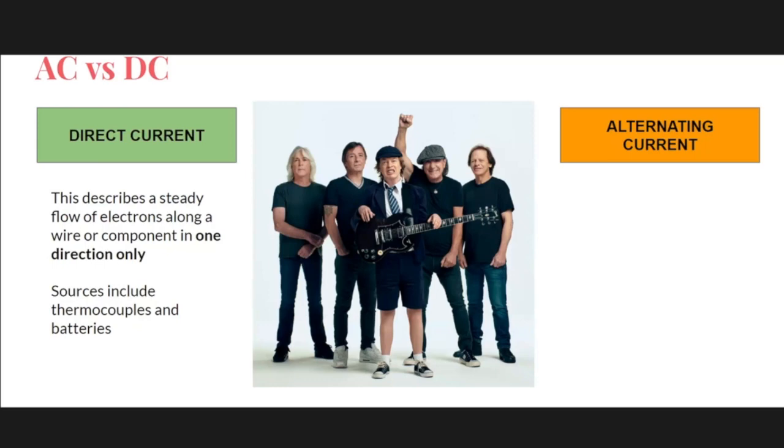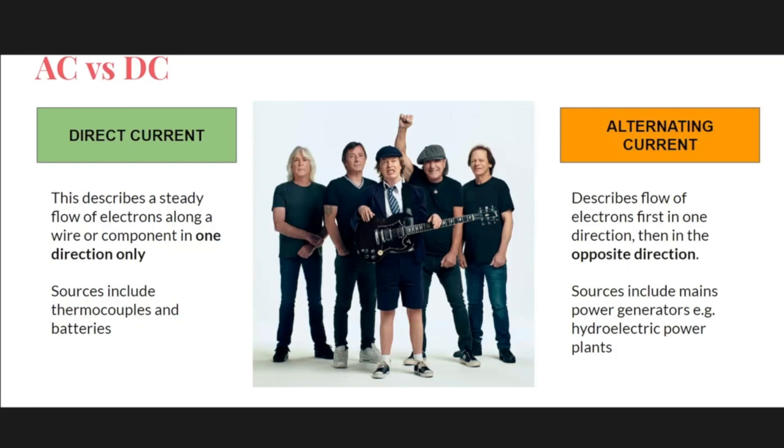Another source would be a thermocouple, which I think we talked about earlier in the year. But batteries are quite a common example of direct current. And then alternating current is what we mostly use through mains electricity. It describes the flow of electrons first in one direction and then in the opposite direction.